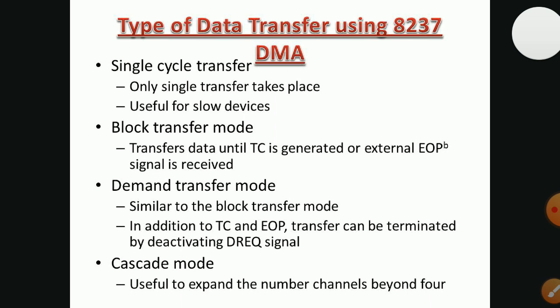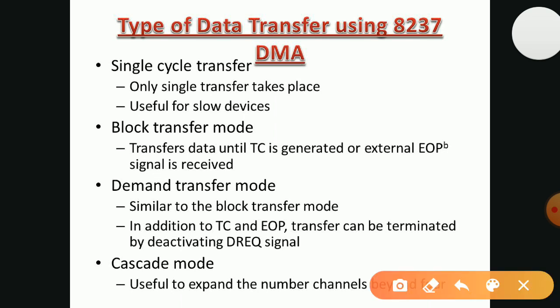Single cycle transfer considers that for every DMA cycle only one byte can be transferred. Block transfer mode: whenever the DMA cycle is initiated, for every DMA byte transfer, that count will be decremented. Once the count reaches 0, it initiates a signal called TC. TC refers to terminal count.